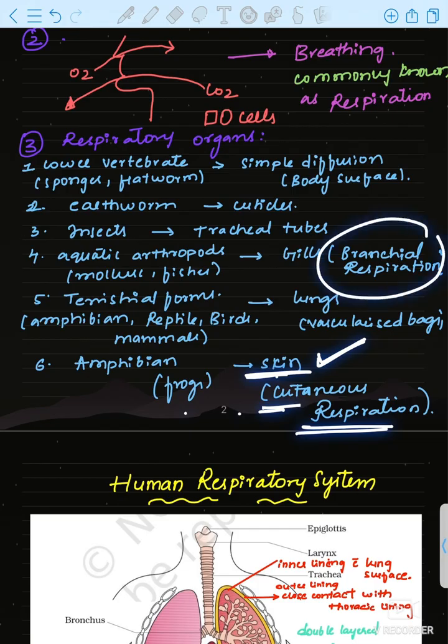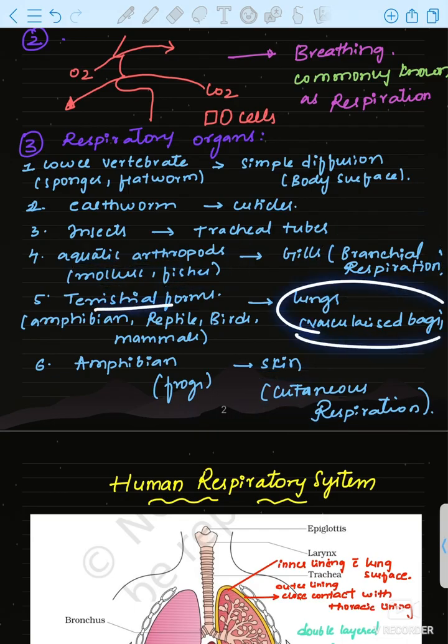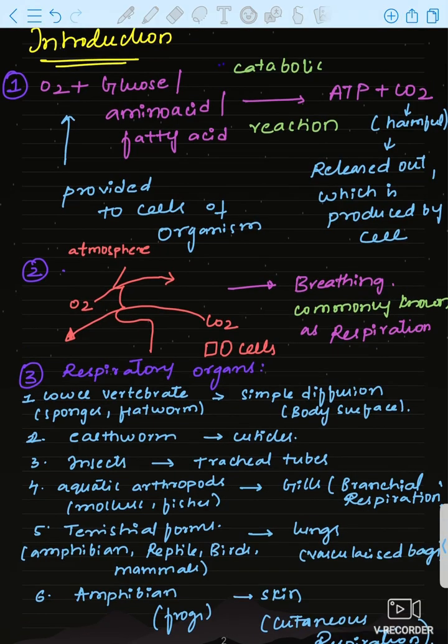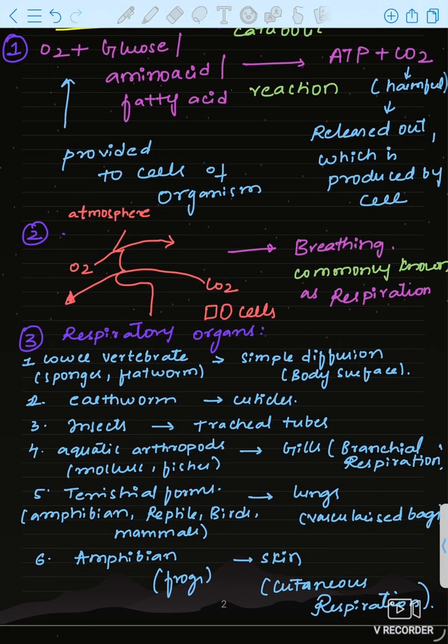Remember: branchial respiration is in aquatic arthropods, fishes and mollusks. Next is lung, in terrestrial forms; lung means pulmonary respiration. And next, cutaneous respiration, by frogs, amphibians, through skin. So I think it is clear from the introduction part.